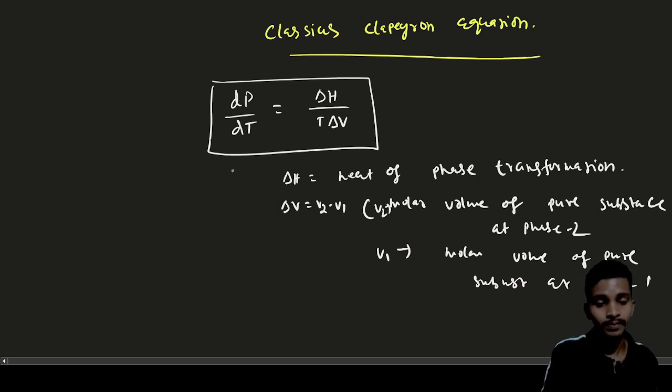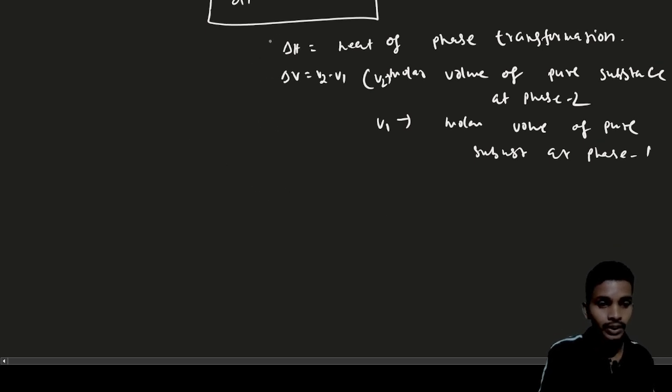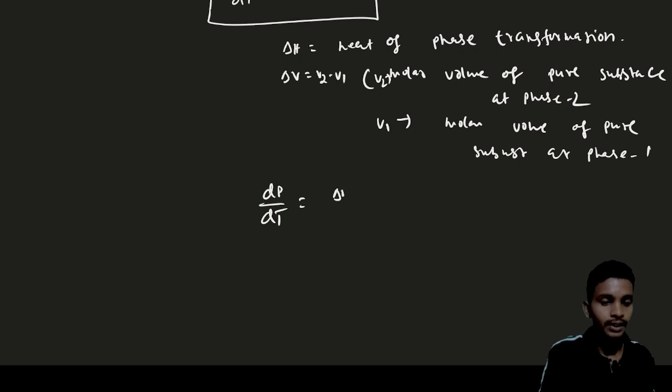Here dP is the change in pressure, dT is the change in temperature, and T is the temperature. So this equation, dP/dT = ΔH/(TΔV), is used in phase transitions.